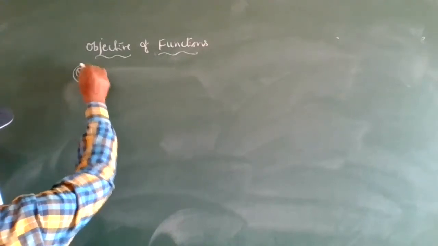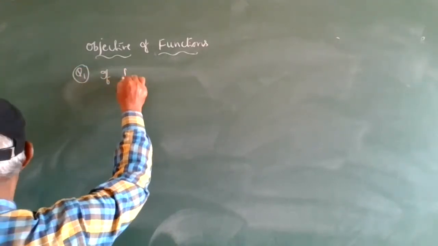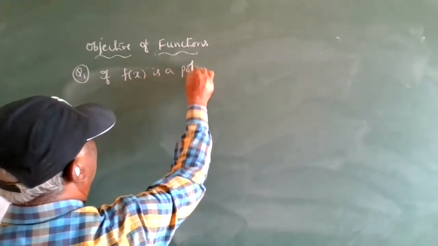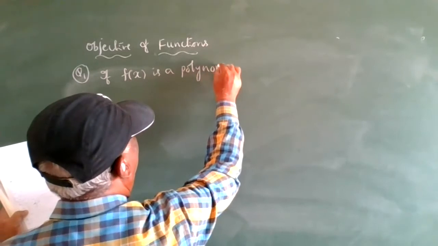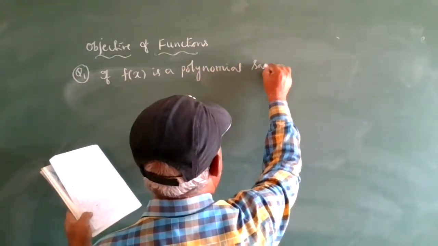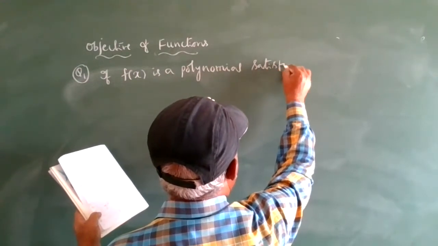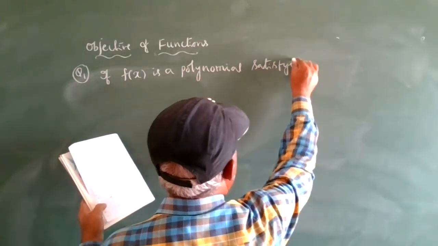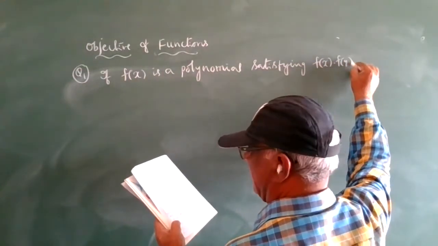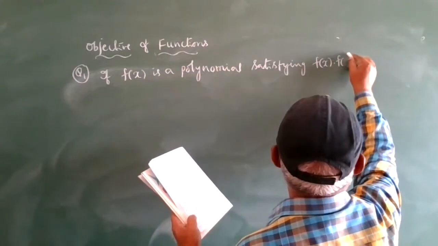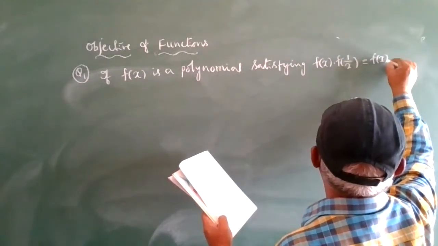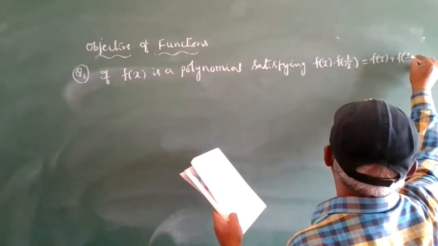Question number 1. If f of x is a polynomial satisfying f of x into f of 1 by x is equal to f of x plus f of 1 by x.